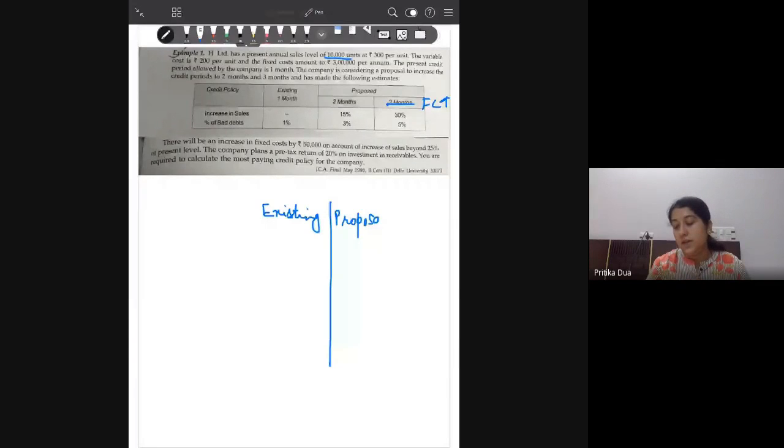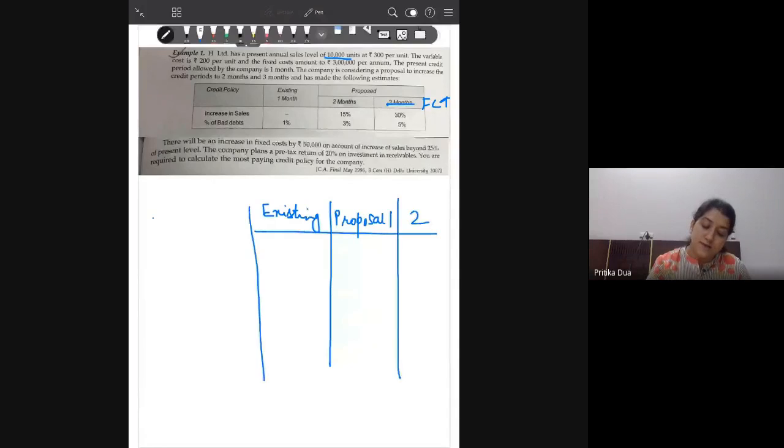Three of them need to be considered to decide which is the best credit policy for the firm. So point A was to calculate the operating profit and point B was to calculate the cost of receivables. So let's start with the first point.